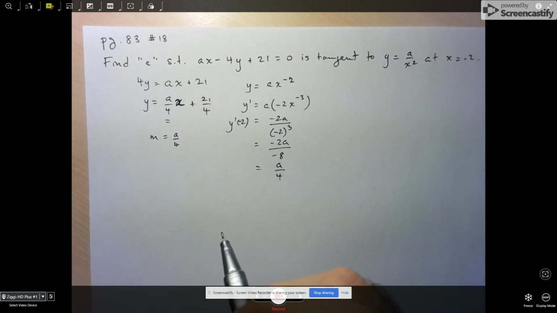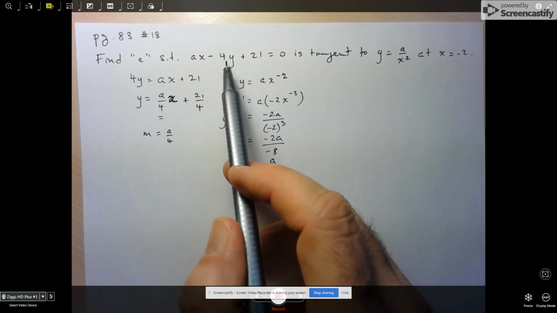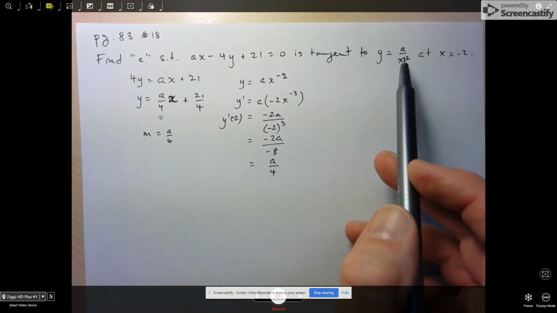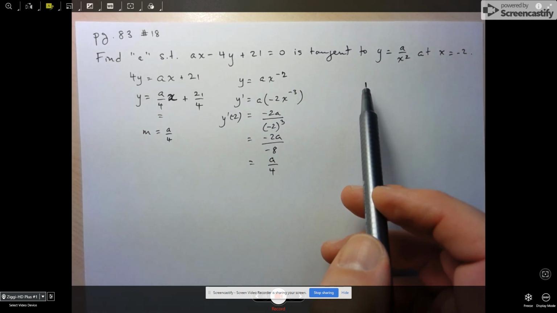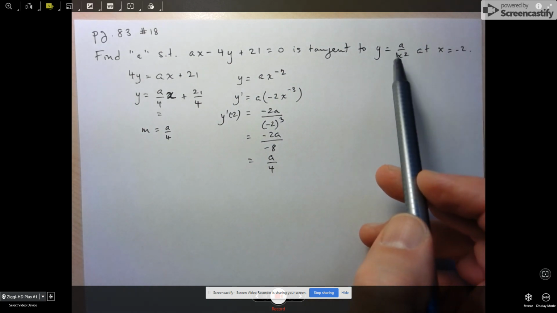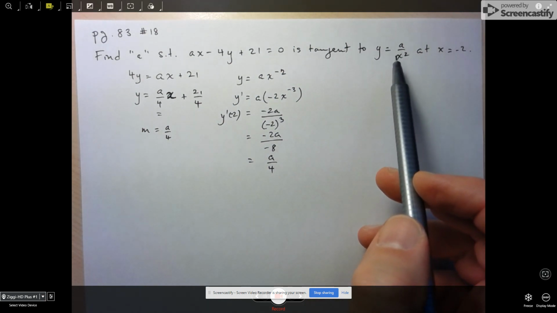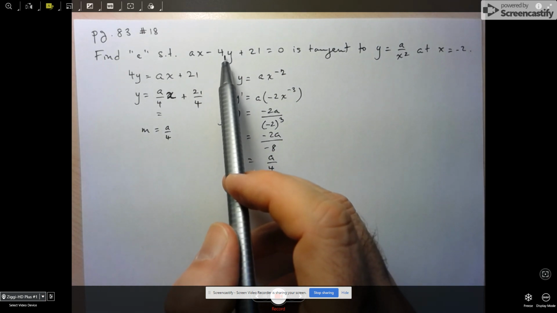But remember, being tangent to a curve doesn't just mean that the slope of the line is equal to the derivative of the curve at that point. They also have to share the point. So that means what we can do is use the fact that the value of y of the line at x equals -2 should be equal to the value of y when x equals -2 for this curve.